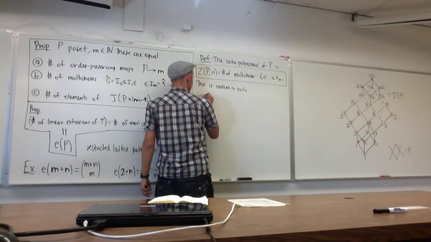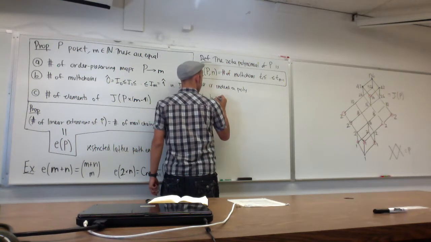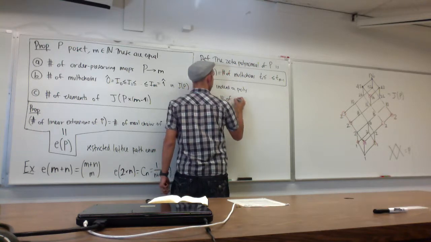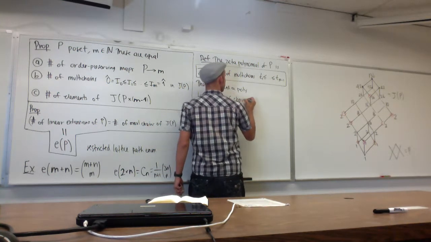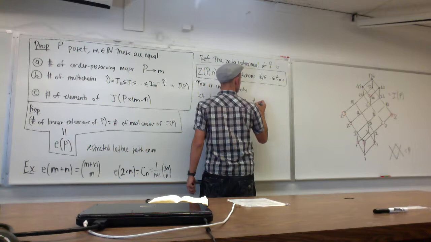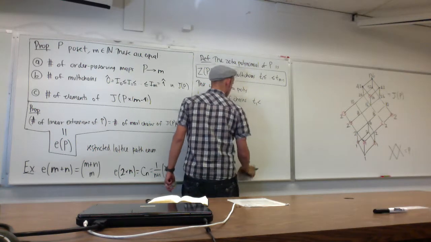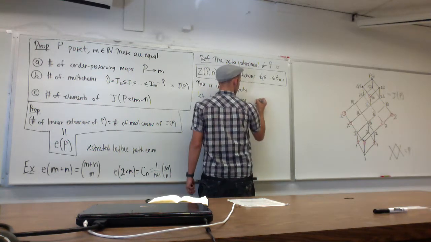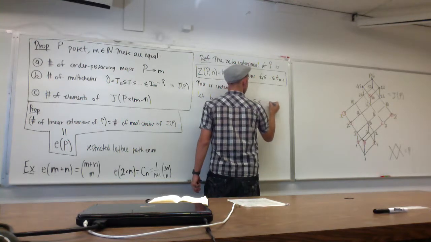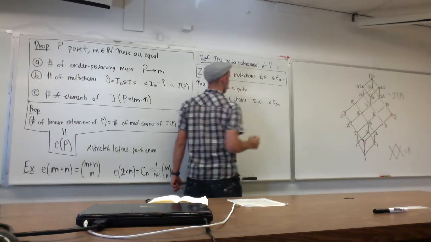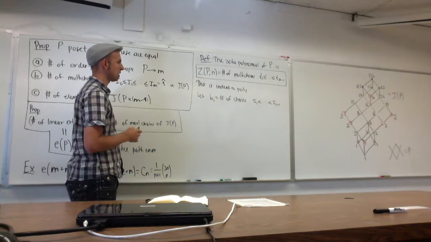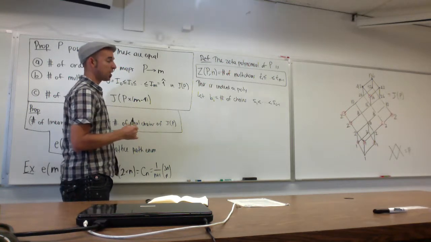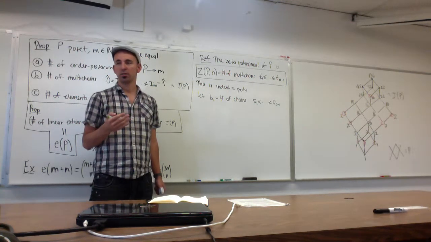Let b_i be the number of chains, not multichains, but chains. Now, the thing is that here i is actually bounded.